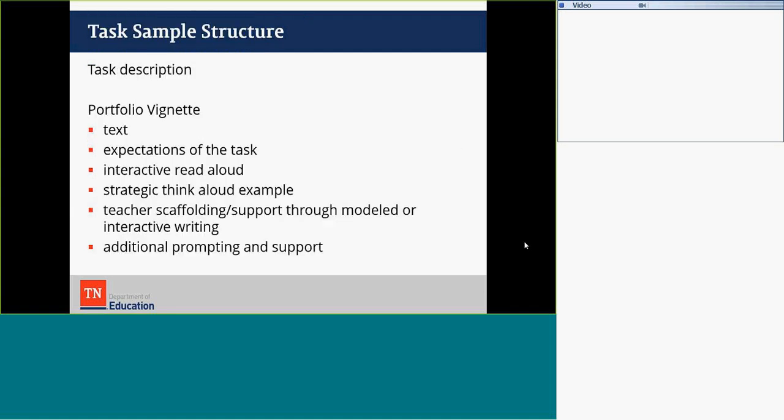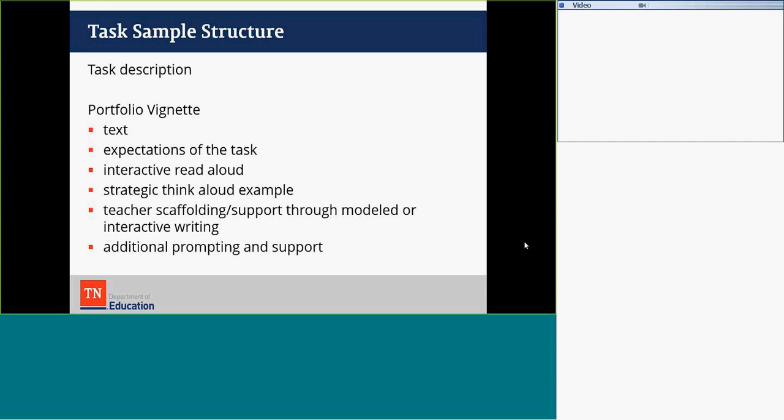So in the portfolio resource guide, we have provided some task samples. These are not required to be used with the ELA combinations, and we'll certainly encourage teachers to create their own as well. But what you'll notice on the ones we provided is there's a task description that goes along with a standard combination option. And then there is a portfolio vignette that is structured in the same way for each one, where it encourages teachers to think about the text.